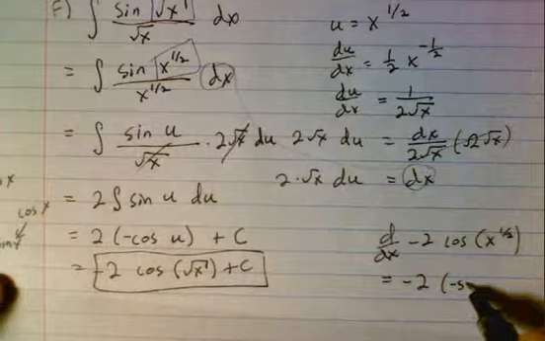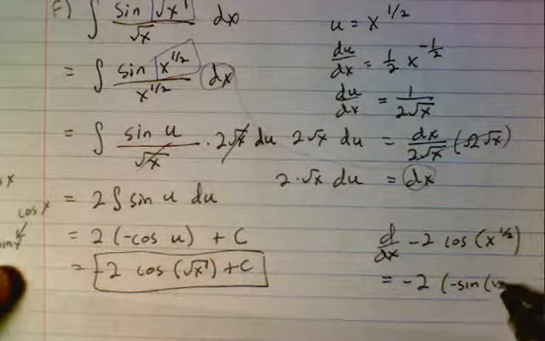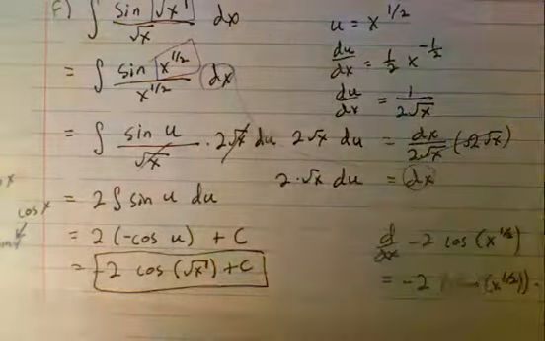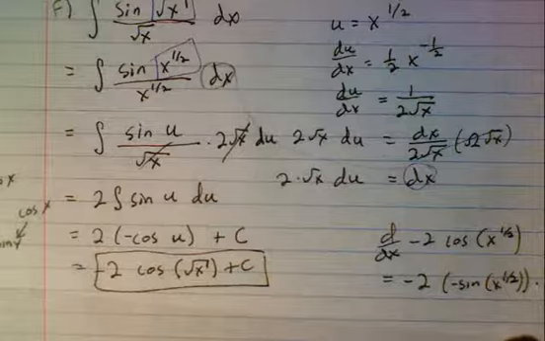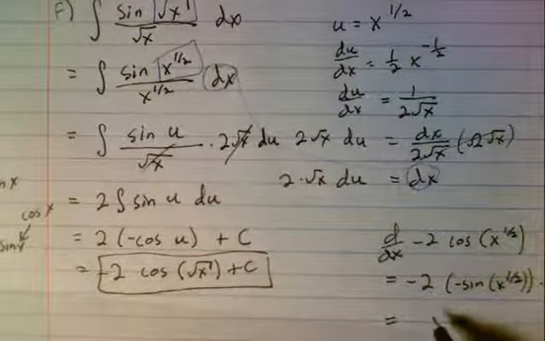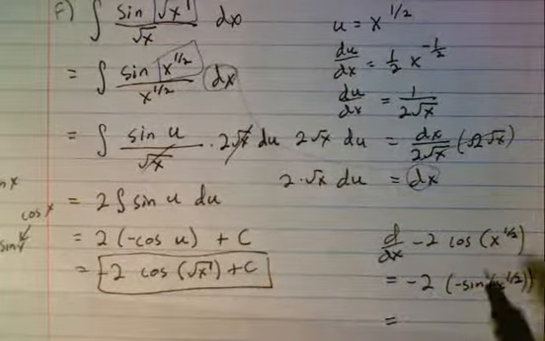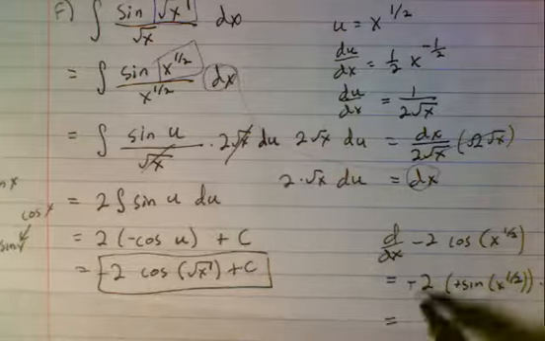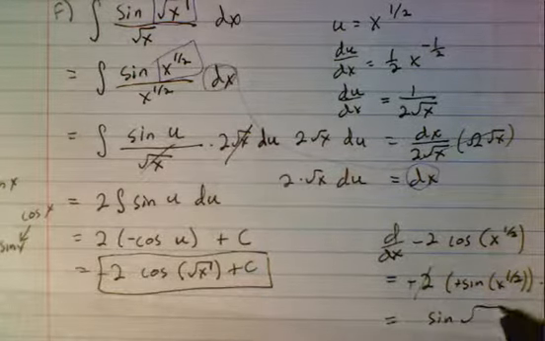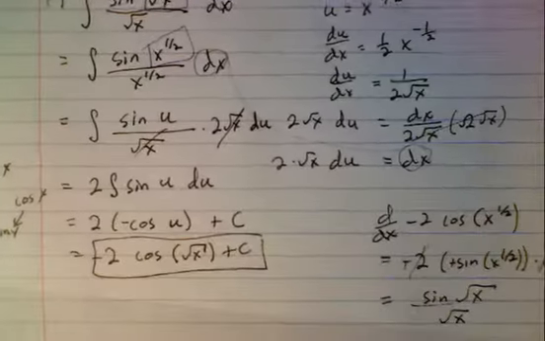So it's going to be negative sine x to the 1/2 times the derivative of x to the 1/2, which is 1/2 x to the negative 1/2. So a negative times a negative is a positive. The 2 and the 1/2 cancel out. And we've got sine root x over root x, which is once again what we started off with.